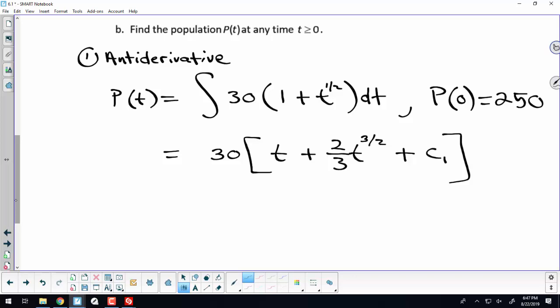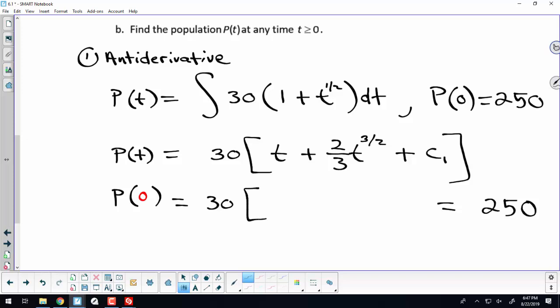Okay, so this is our P of t function. We need to find C. So we're going to use the initial condition and say, well, I know P of 0 is equal to 250. But P of 0 is also 30 times 0 plus 2/3 times 0 to the 3/2 plus some constant.